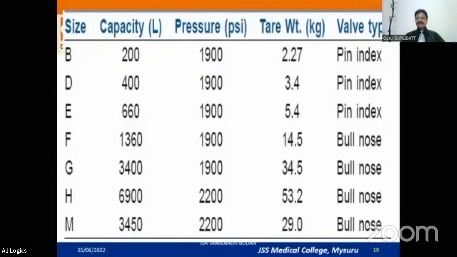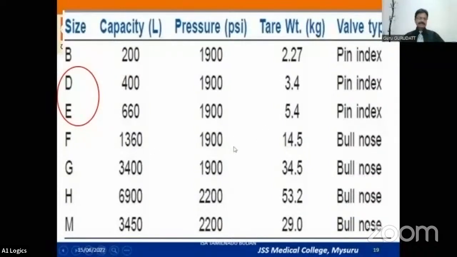So these cylinders are usually given alphabetical letters, like A to M. D and E cylinders are the ones which are mounted onto the workstations, because D and E cylinders have the pin index, and the pin index is very important to mount a particular cylinder onto the yoke of the workstation. Whereas the larger cylinders G, H, and M are the bulk cylinders, especially the H cylinders, which are usually kept in the manifold room.